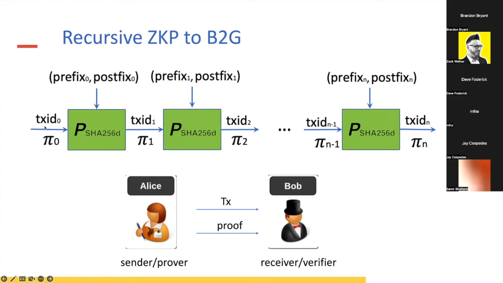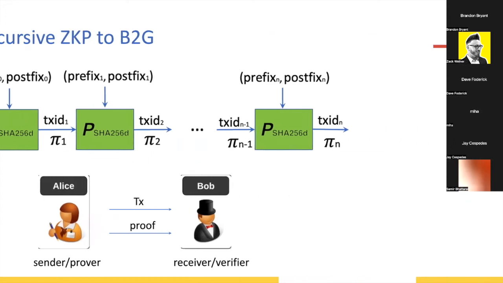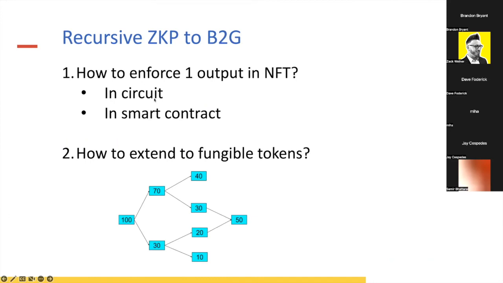It says any following transaction spending from here can only have 1 output. So that's another way to enforce it, and it's very flexible. You can enforce it in the circuit, what the transaction looks like. You can also enforce it in the smart contract, but also you can enforce it in both.